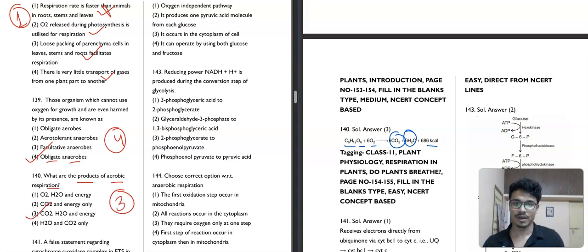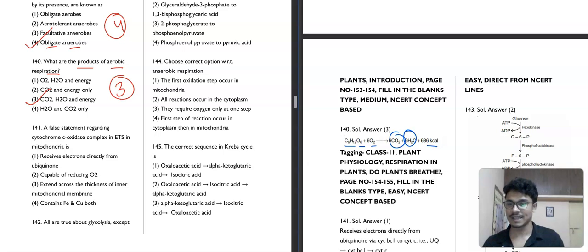Then question number 141. It is saying that a false statement regarding cytochrome C oxidase complex in the electron transport system in mitochondria. Receives electron directly from ubiquinone? No, this is not it.